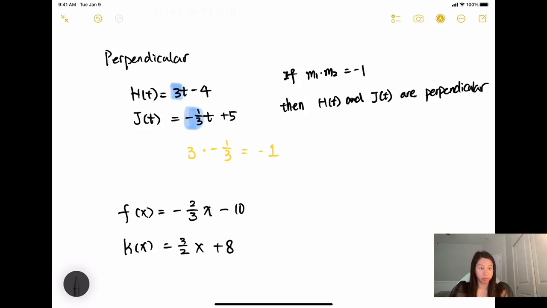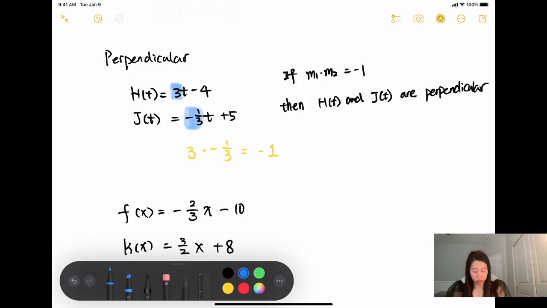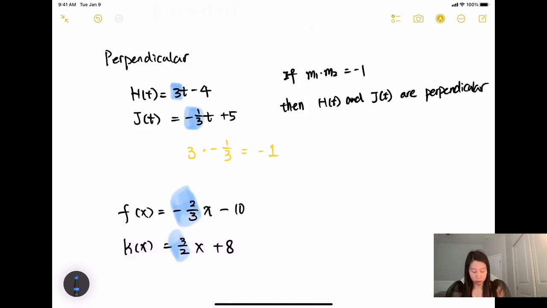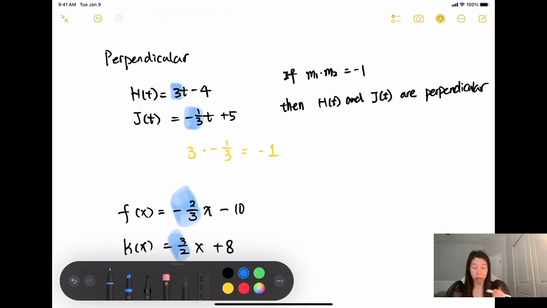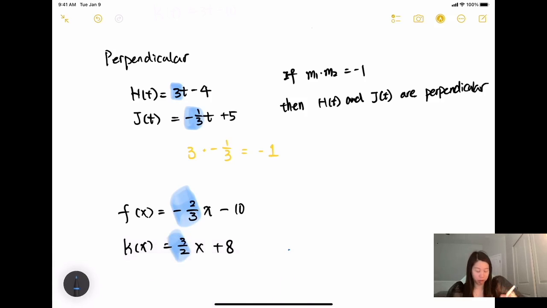Do you know? Yes, they are. Why is that? Because when the slopes multiply, their product equals negative 1. Because negative 2/3 times 3/2 equals what? You cross cancel, you will get negative 1. Then we know that f(x) and k(x) are perpendicular.